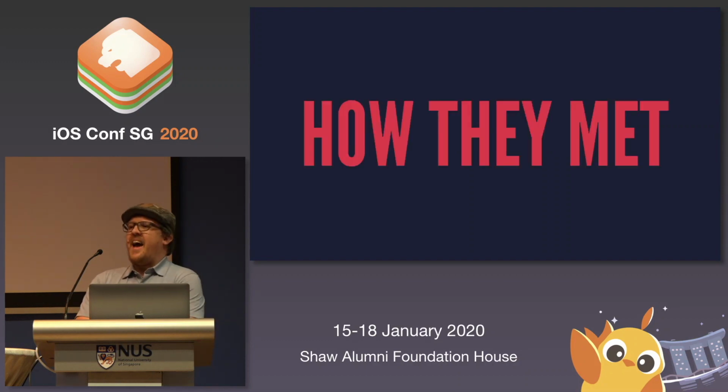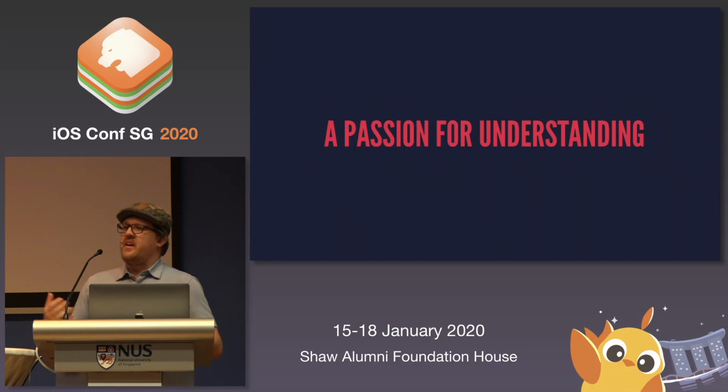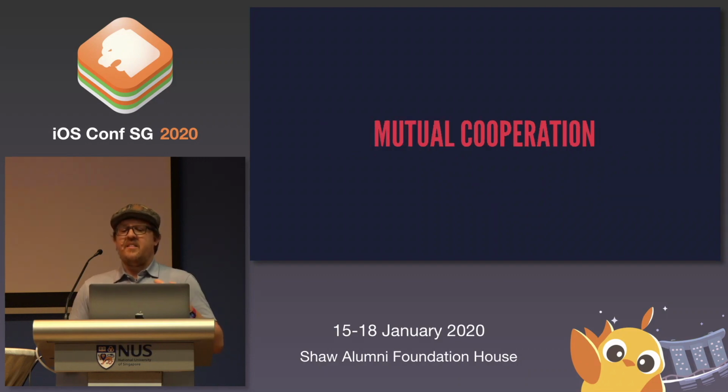Okay, how they met. So these two boys, they have a lot in common, they go well together, they get along really, really well. So in order to get along better, they both have a passion for understanding each other, and they have a mutual cooperation about everything.